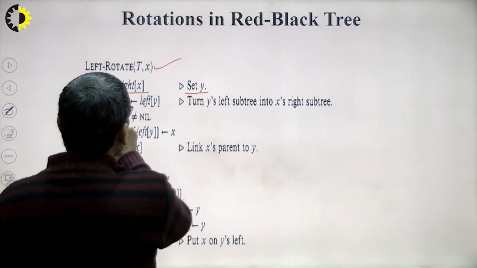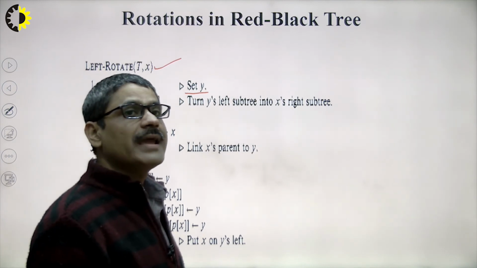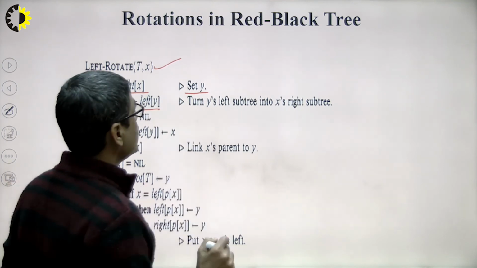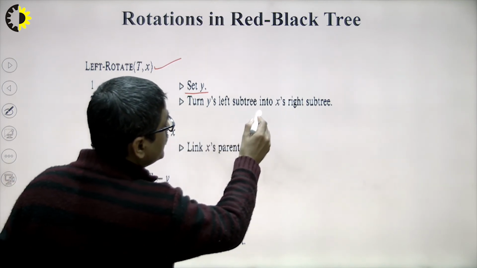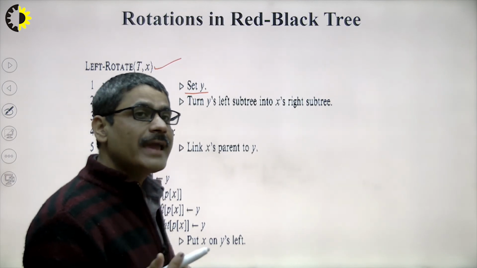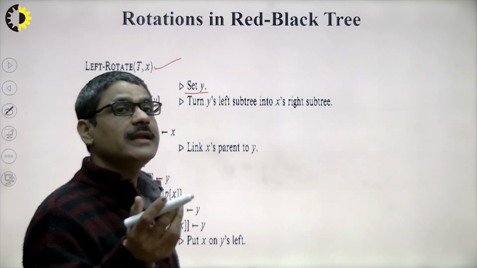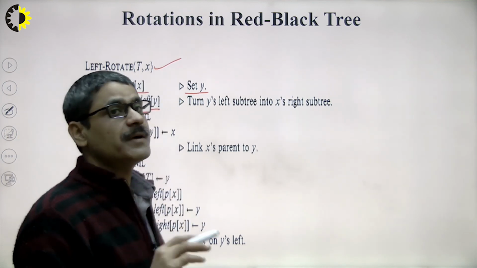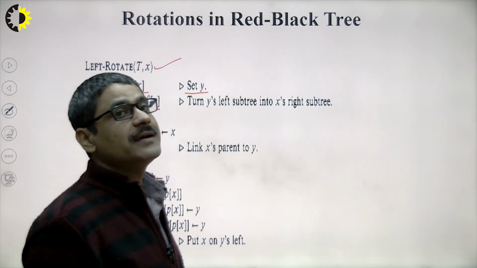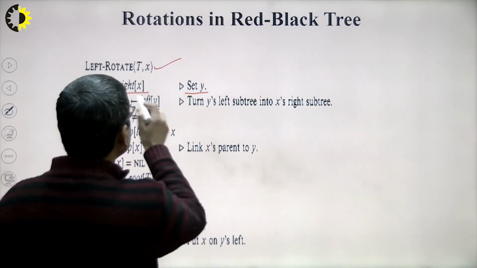Then right of x equals left of y: we turn y's left subtree into x's right subtree. Why? Because y's left part is immediately assigned to x, and the old right child of x is removed from there, so there is no space left. That's why left of y becomes right of x.